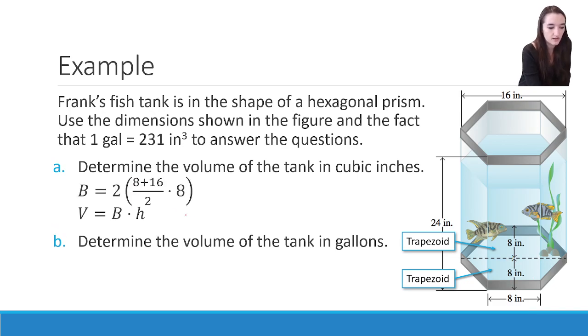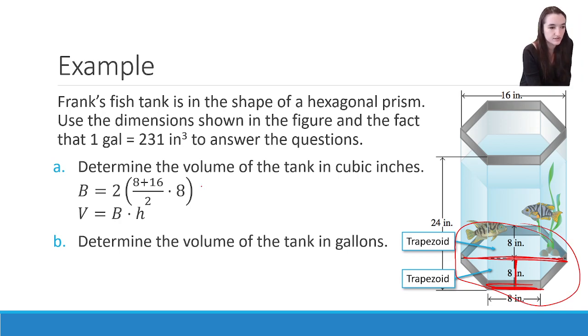So together we get the base, capital B this time, of the hexagonal prism is 2 times (8 plus 16), again that's this plus this, divided by 2, times the height of one of the trapezoids, and there are 2 of them, so we get the whole hexagon.